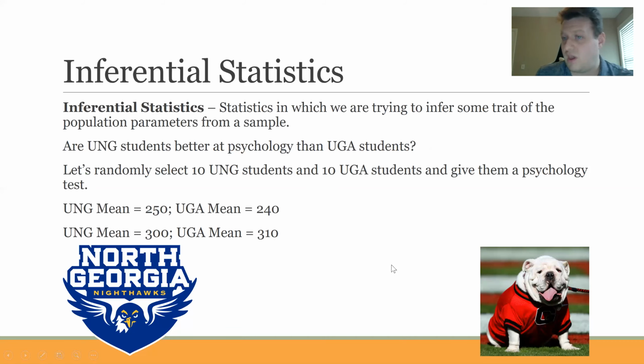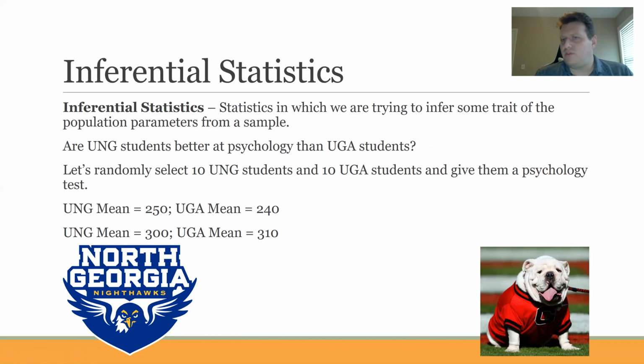In fact, we could do this again, this exact same thing, and we might find that UNG has a lower sample mean than UGA. All right, you might find this result if indeed UNG is actually better at psychology than UGA in the population. Just due to random chance, we might get the sample means to flip-flop, where UGA seems to be better. All right, ooh, this is problematic.